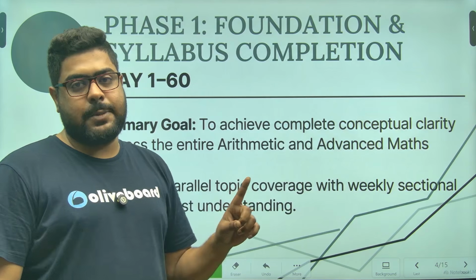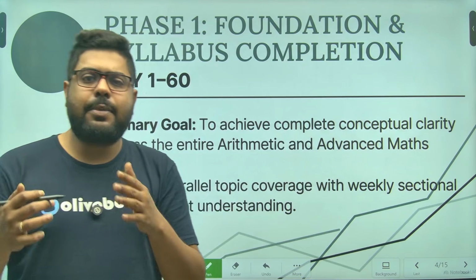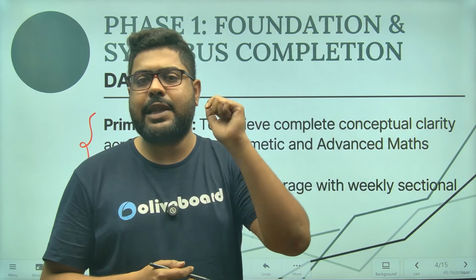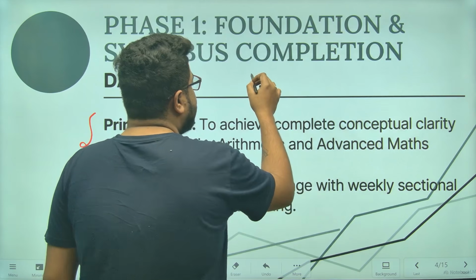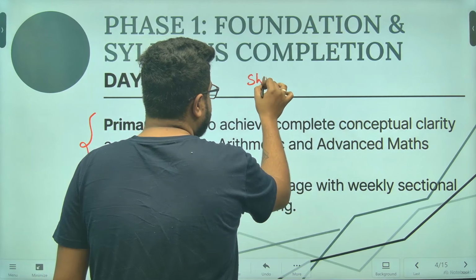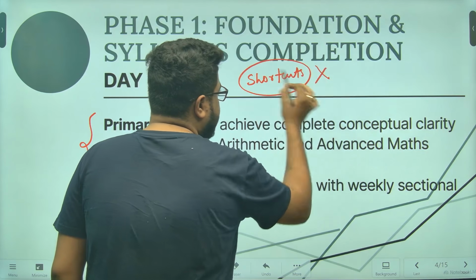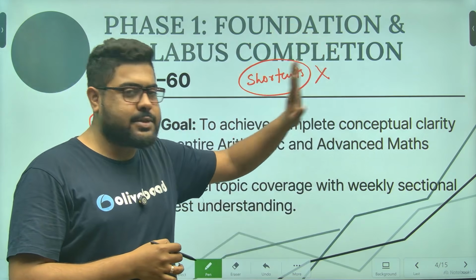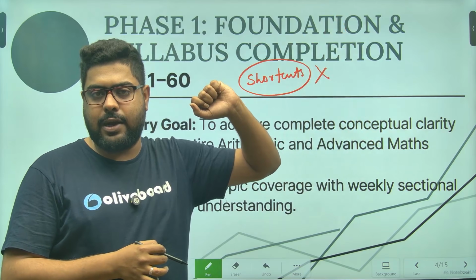This is a must. What happens when we have a little less time, which you will face, as you have to complete the syllabus in 60 days, is that we tend to rely more on shortcuts. Let me say this, that approach will not work. You need to know shortcuts, definitely. You cannot just rely on the conventional methods all along.